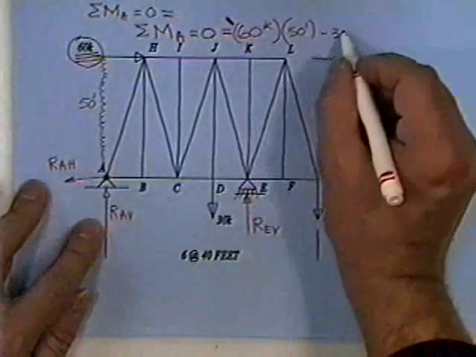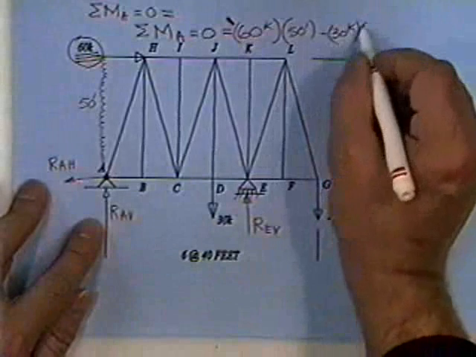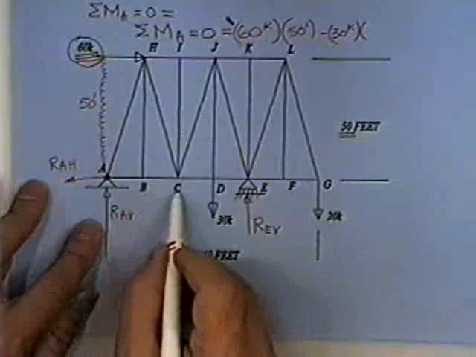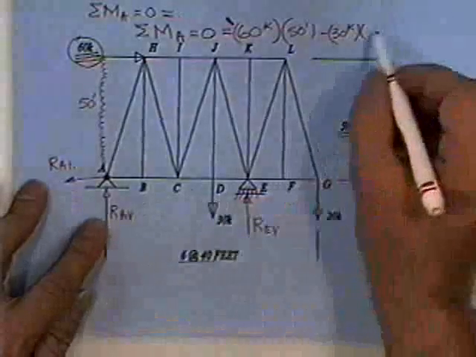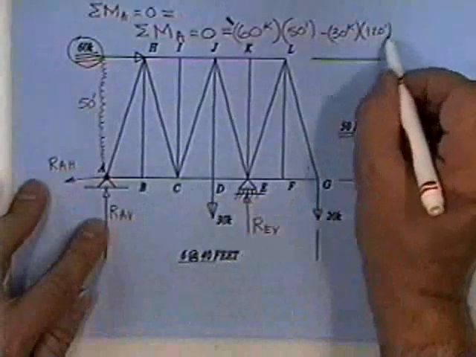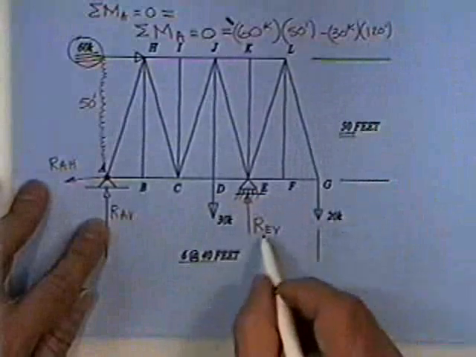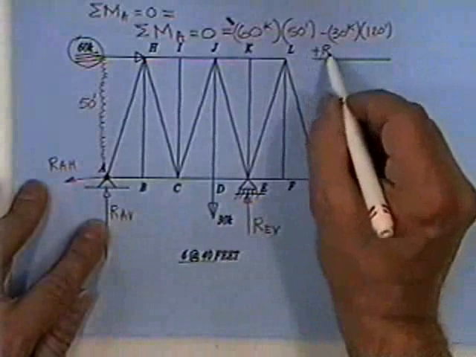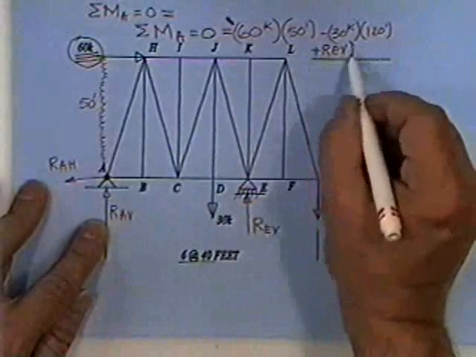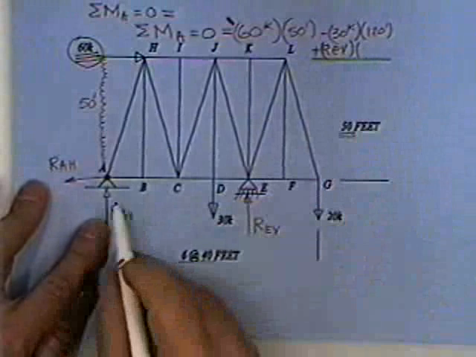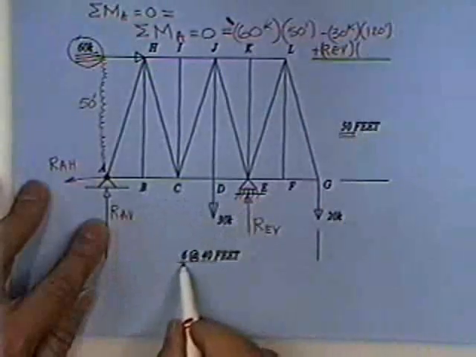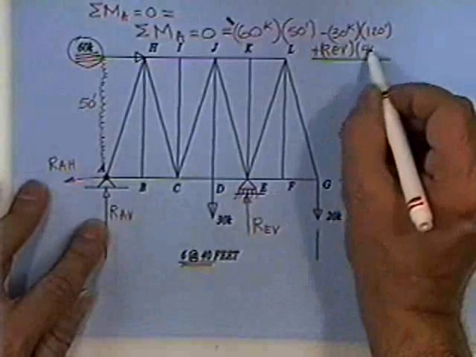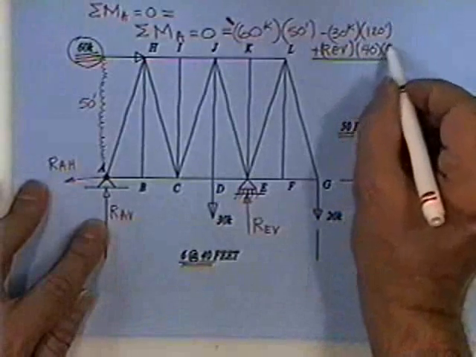Next, I see a 30 kip force. His moment arm, 6 at 40 feet. 1, 2, 3 40-foot distances, 120 feet. Next, I see a reaction at E vertical times his moment arm, 1, 2, 3, 4, 40-foot panels. 160, okay, but just about 40 times 4.